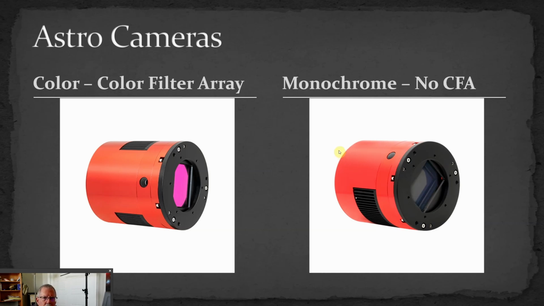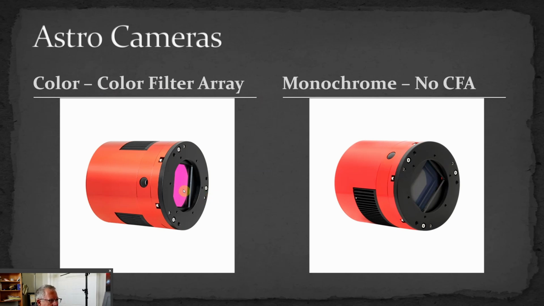Almost any other camera that you use, whether it's in your phone or a mirrorless camera or a digital SLR, almost all of those are going to be color cameras, and they're going to have a color filter array, sometimes called a Bayer matrix array or a Bayer matrix. A monochrome camera, and particularly if you're looking at an astronomy camera, isn't going to have that color filter array. It's going to just have pixels without special color filters.